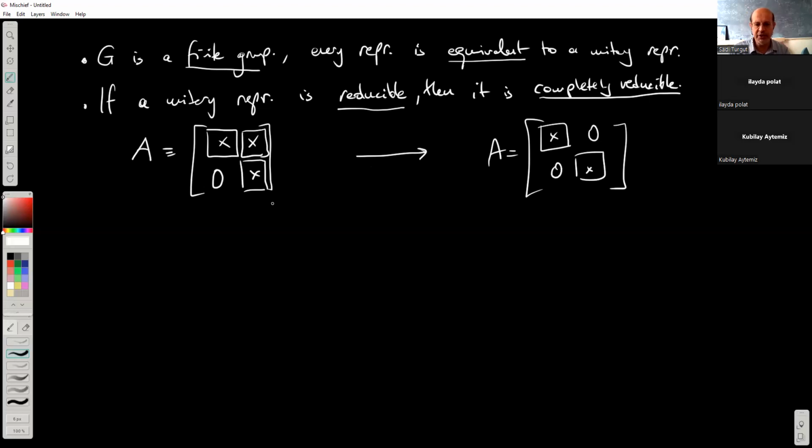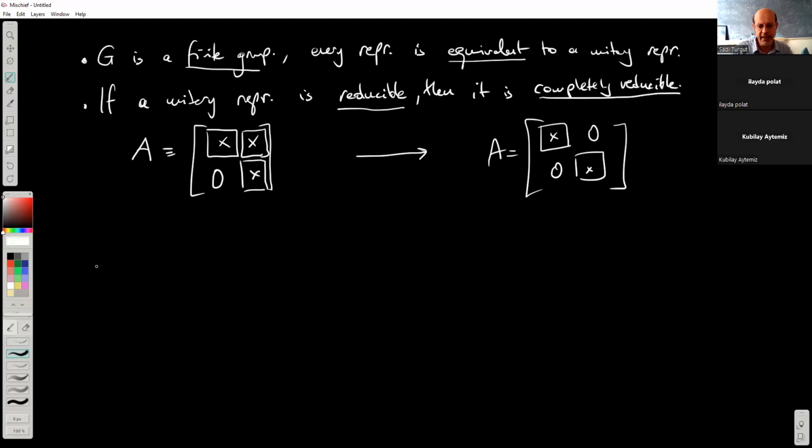So as a result, if the representation is not unitary and we have an infinite group, this implication is not true. Right? There are examples where we have representations which are reducible, but not completely reducible. Okay, but let's just leave them aside.